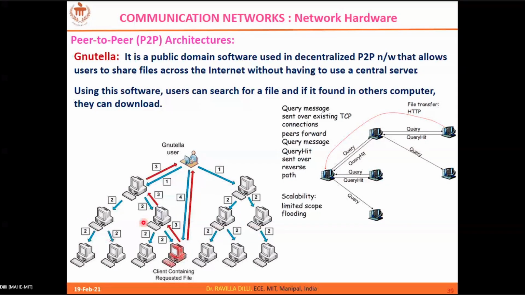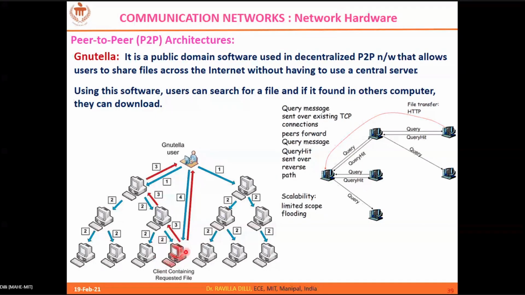You can see here in this example, this is the user who wants some content. He has sent the request for that content, and it went to all his neighbors. After that, those users also will forward the query. If that particular system doesn't have the content, then the query request will be forwarded to its neighbors, and this forwarding procedure continues till you get the content that you are requesting.